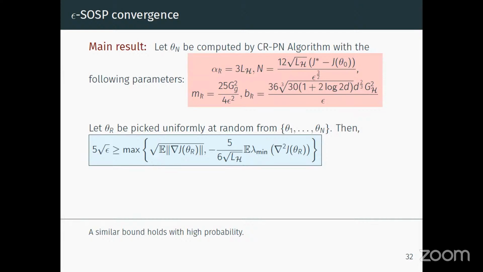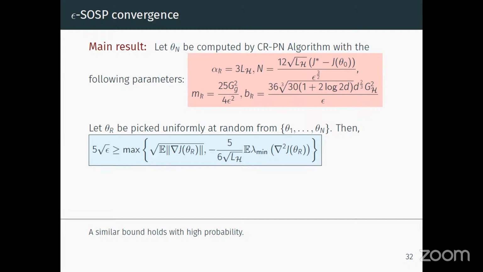The main guarantee is that under these parameter choices, the number of episodes or trajectories to estimate the gradient is of order 1 by epsilon square, and the batch size is of order 1 by epsilon, with this kind of a thing. And the number of iterations for the overall algorithm is 1 by epsilon to the 3 by 2. I can show that it converges to a second order stationary point in expectation.